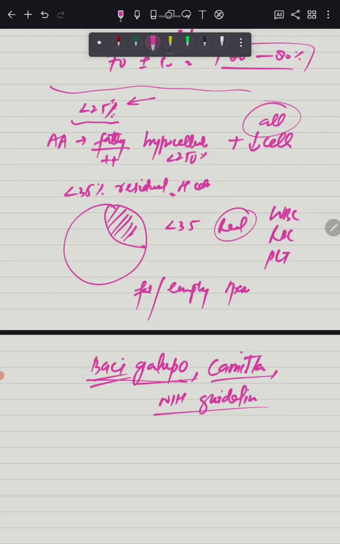The diagnosis of aplastic anemia requires hypocellular marrow plus peripheral cell cytopenias, and there should be no infiltration or fibrosis or dysplasia.